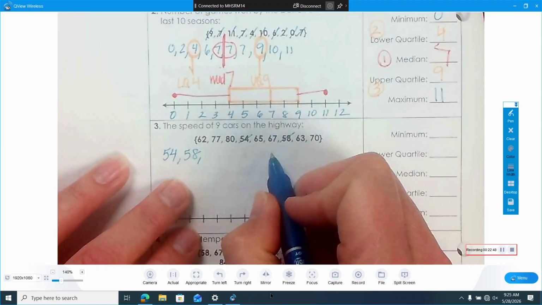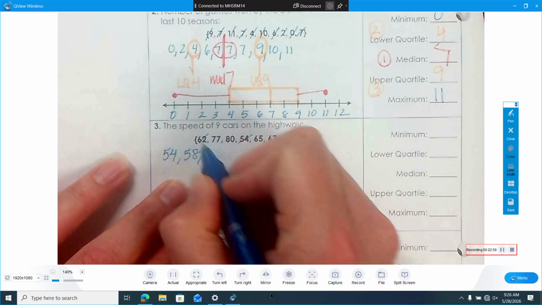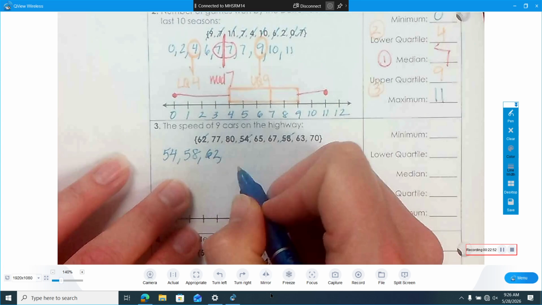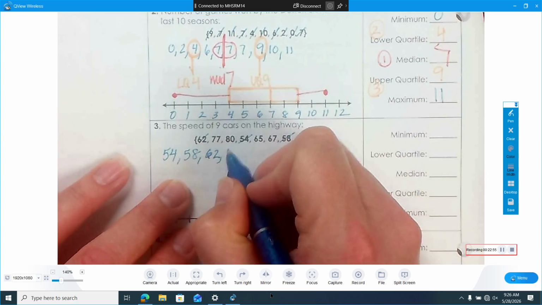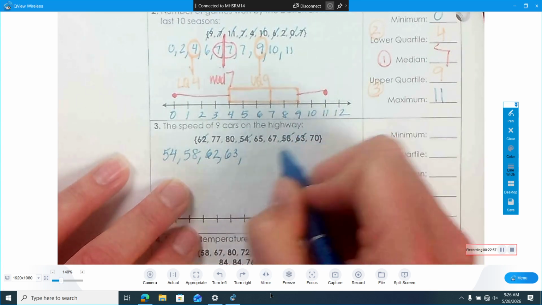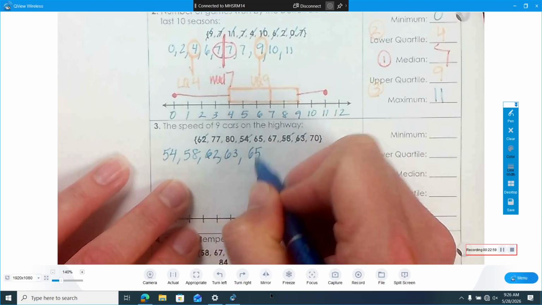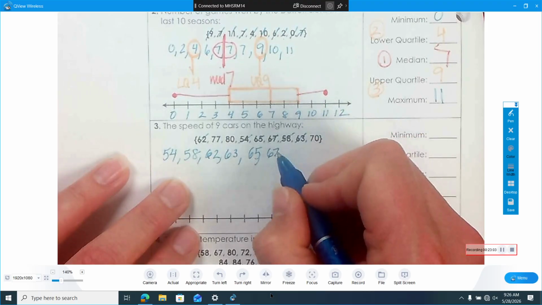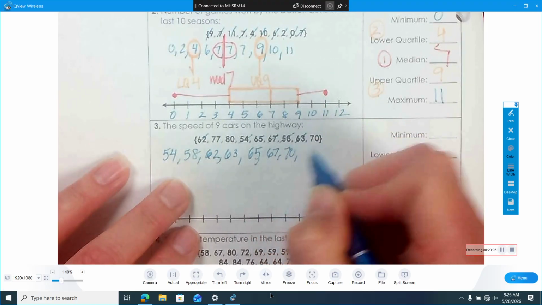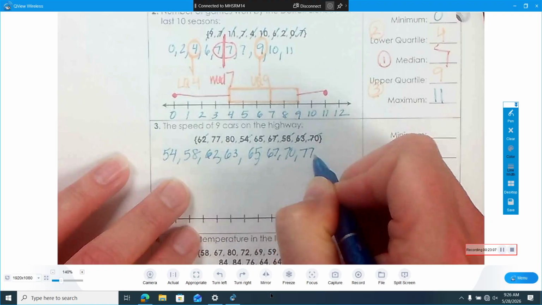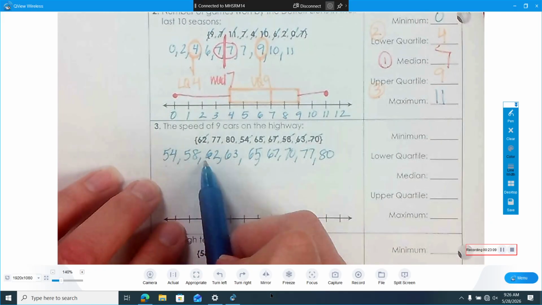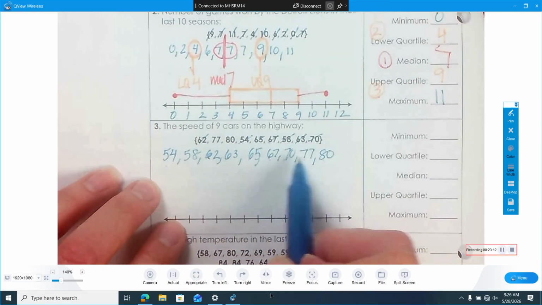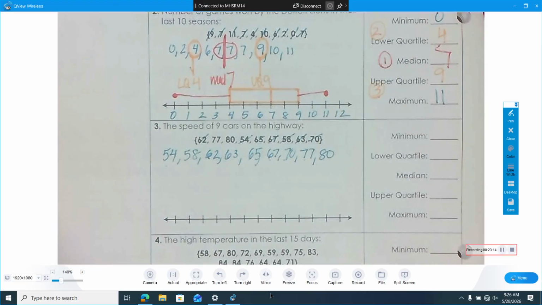Then 62 and 63, 65, 67, 70, 77, and 80. All right, 1, 2, 3, 4, 5, 6, 7, 8, 9. Okay. All right, super.